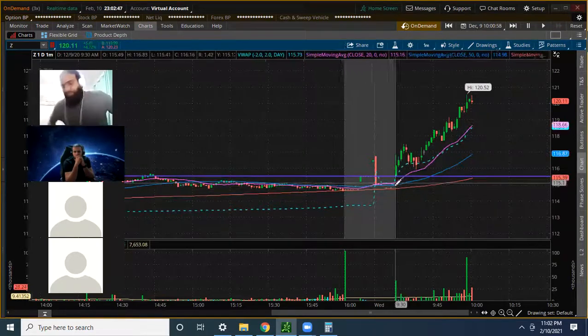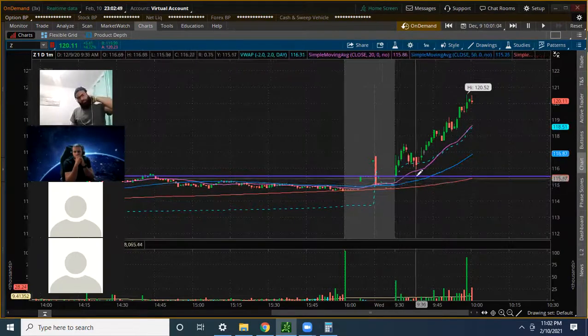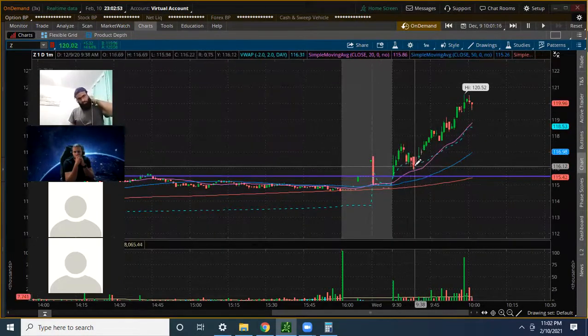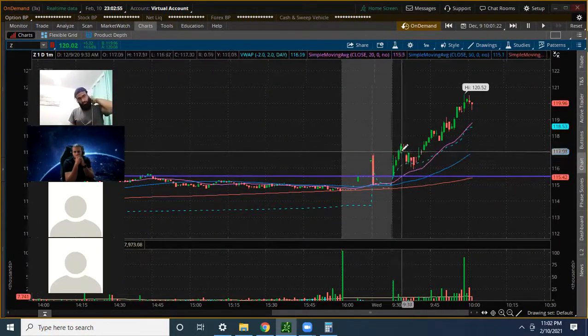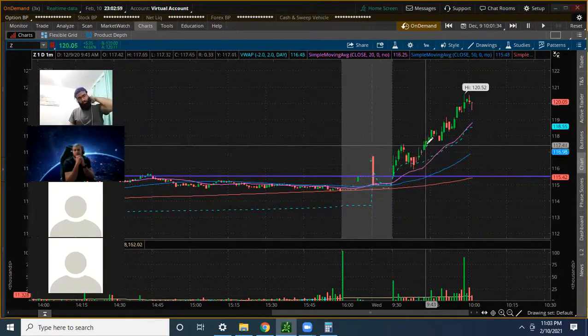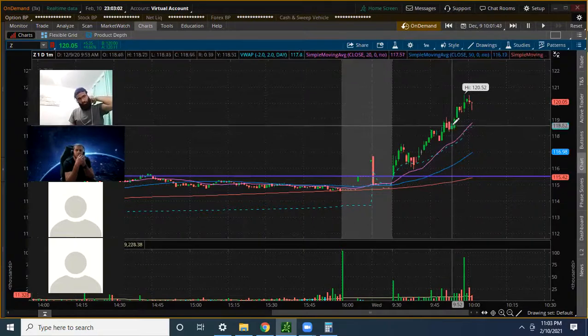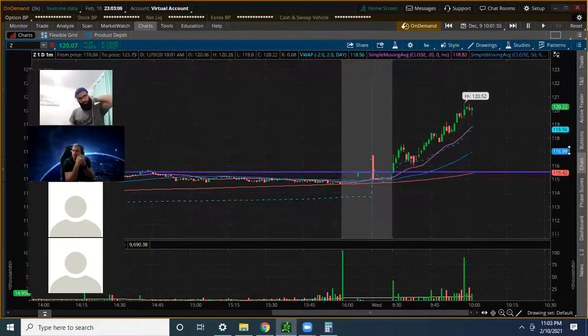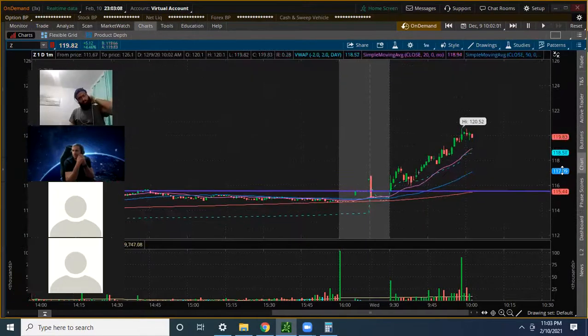The angle between them will go from narrow to wide, and the stock will always ride the 20. Look, it goes up, comes back down, uses the 20 as support, bounces up, comes back down, and remember, it'll always use the 20 as a rubber band. It'll always come back to it.